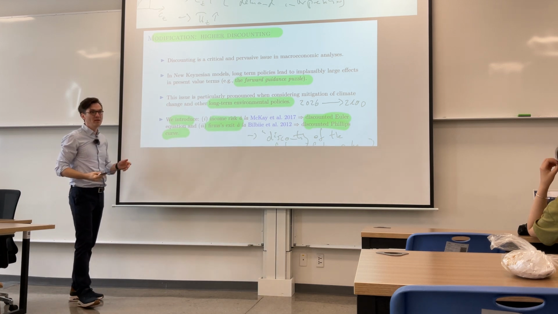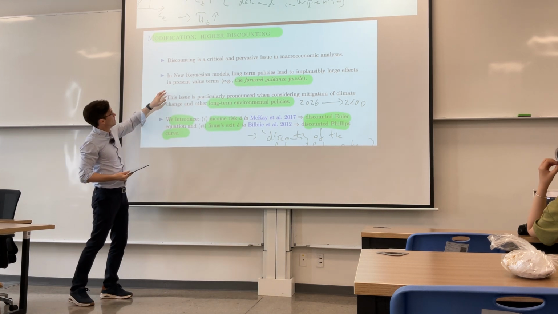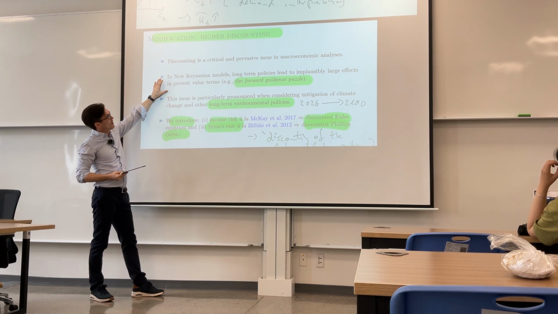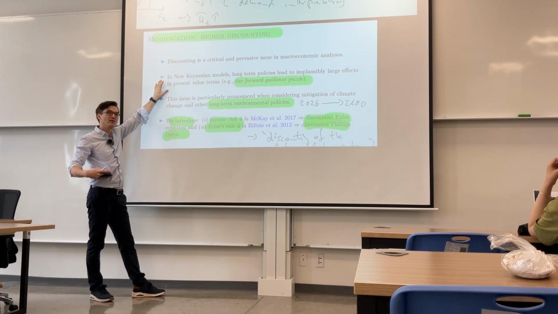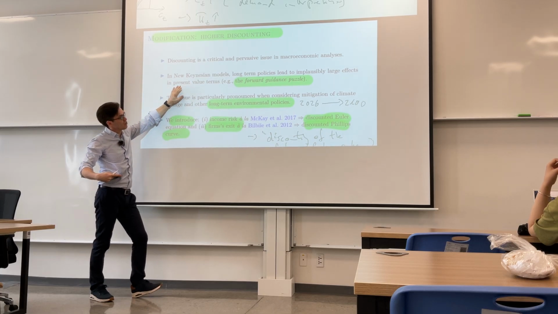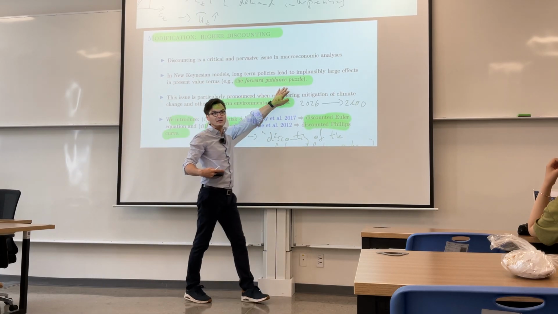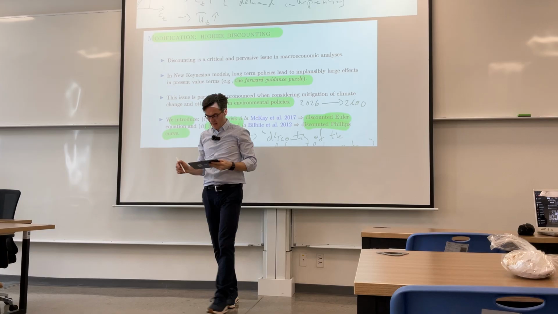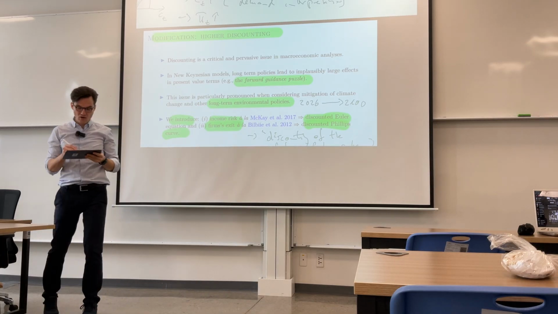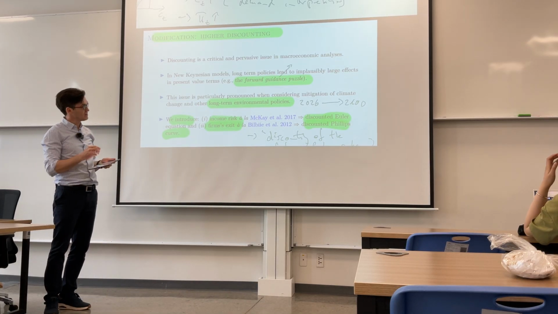where this problem was surfacing, namely when we use this model to think about so-called central bank forward guidance policies. So there is a so-called forward guidance puzzle in the New Keynesian model. Have you heard about the forward guidance puzzle? Yeah? Okay, so there's a really long, big literature already.